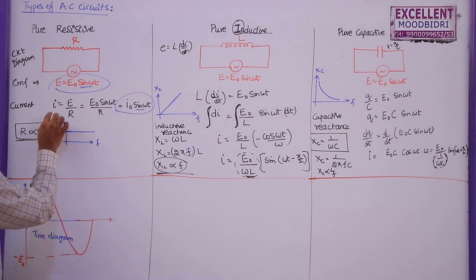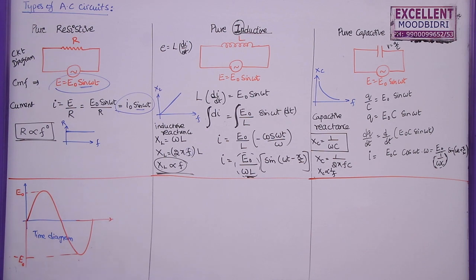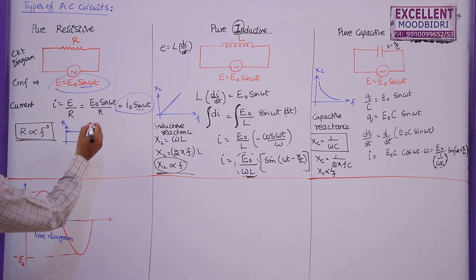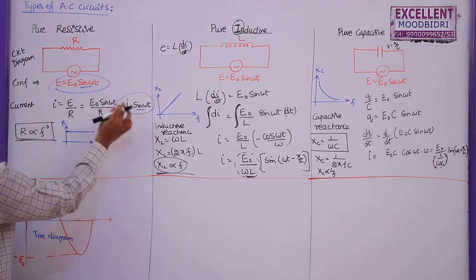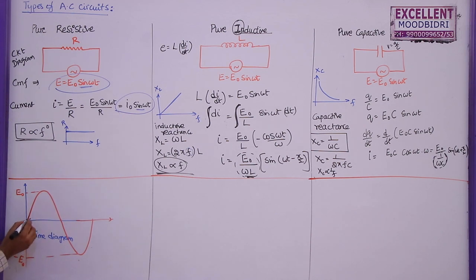Now let me represent the current with the black color here. Whenever the EMF becomes 0, current will become 0 here. Then it increases and follows the sine curve only. So this is I naught, this is minus I naught.